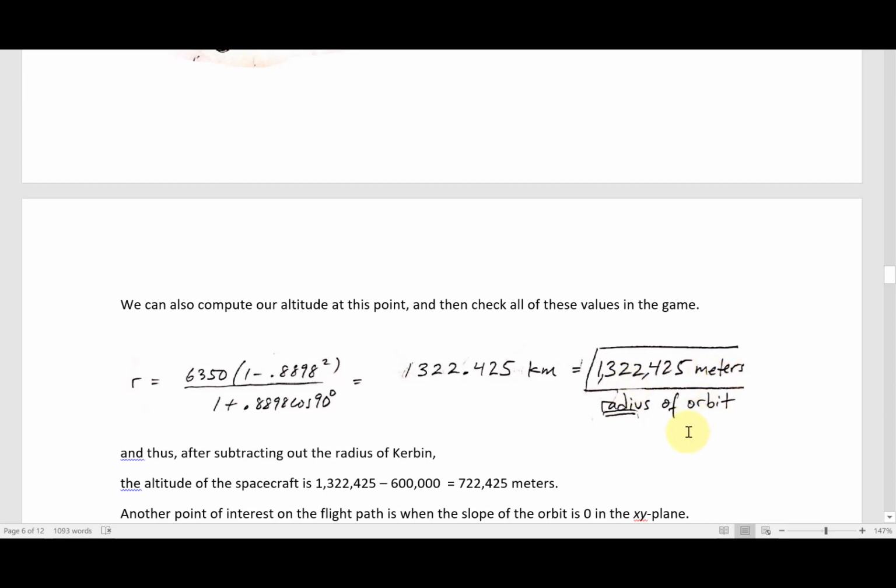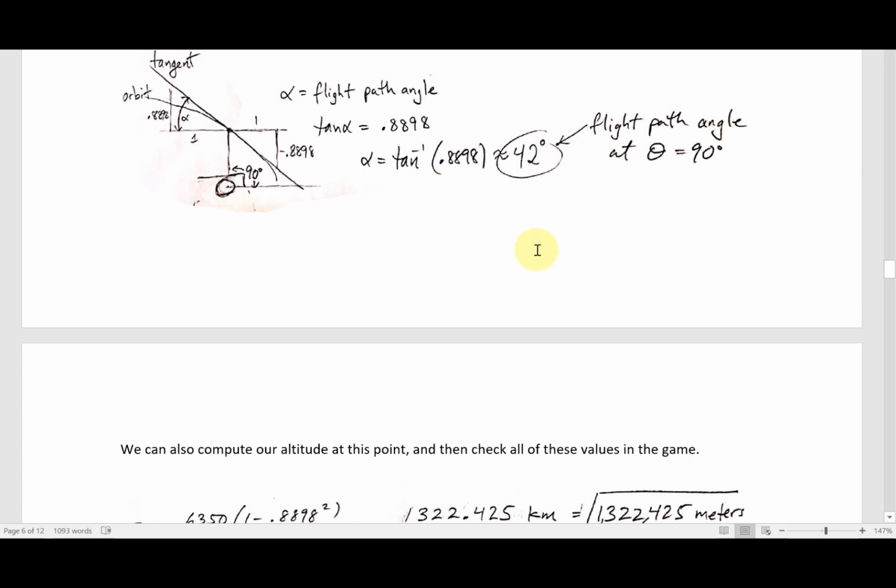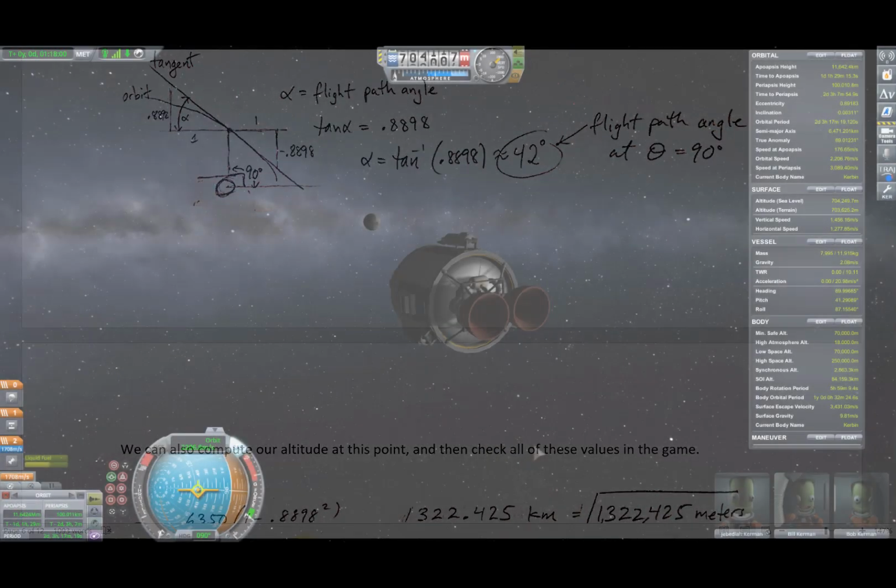That's the radius of the orbit. The altitude is that minus the radius of Kerbin, 600,000 meters, so we should see about 722,425 meters at that instant. We'll be checking all these things: at true anomaly 90, we should see about 722,000 meters and a pitch of about 42 degrees. Let's see if that happens.